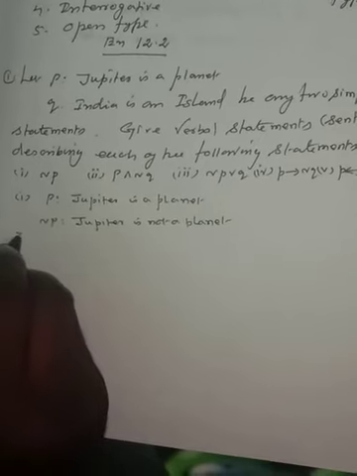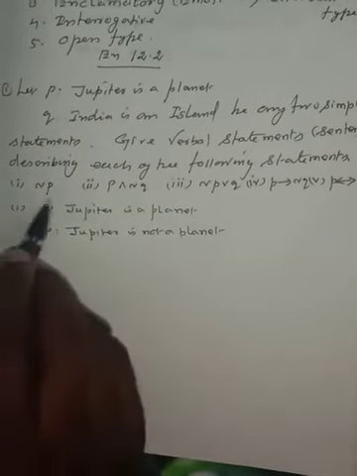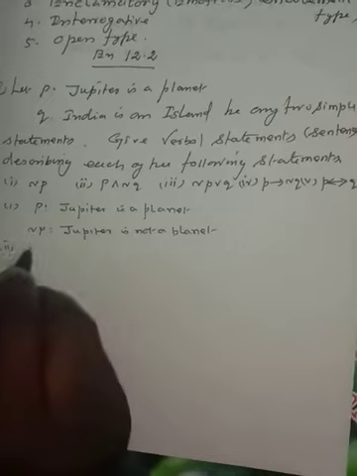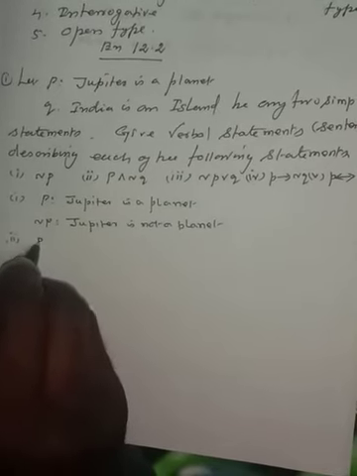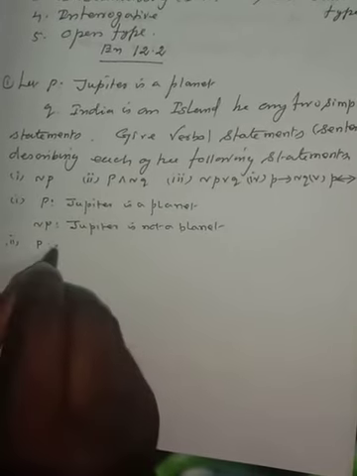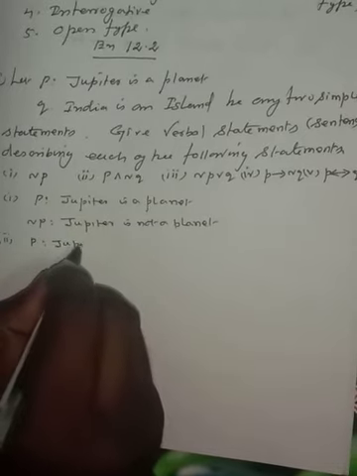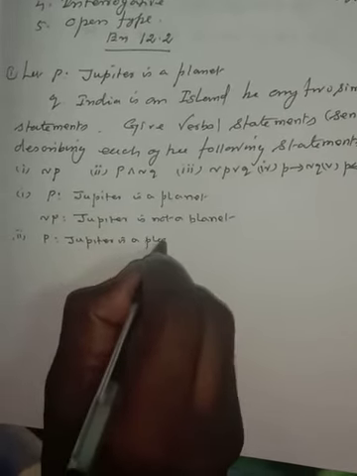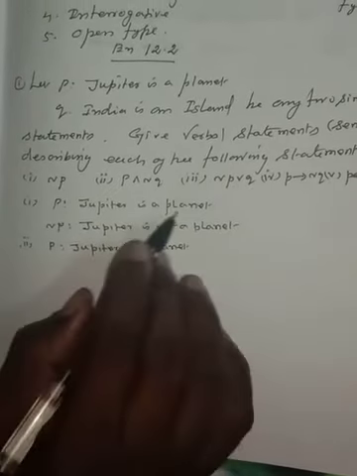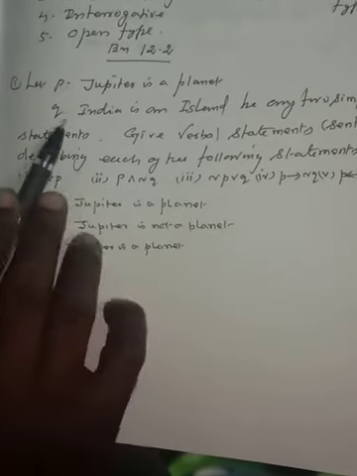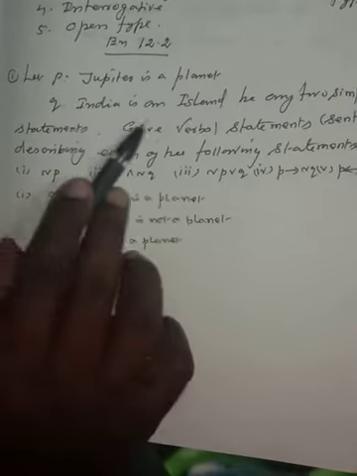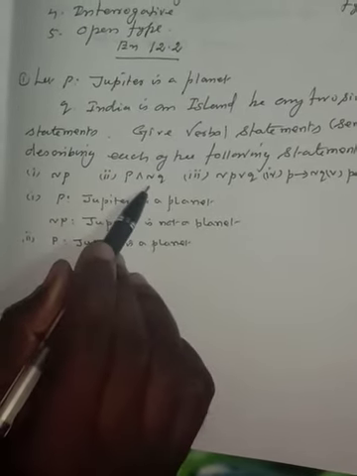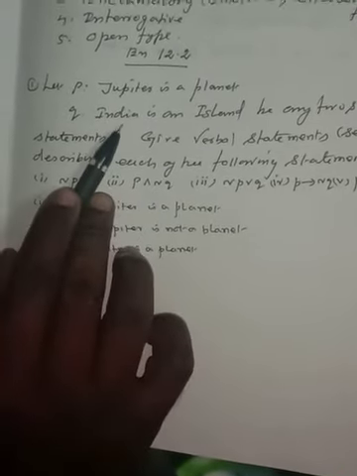Next, number 2. P is Jupiter is a planet. Q is India is an island. Negation of Q is India is not an island.